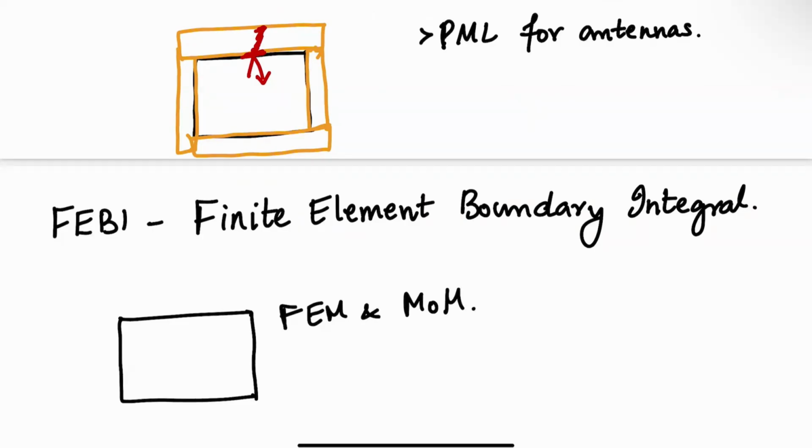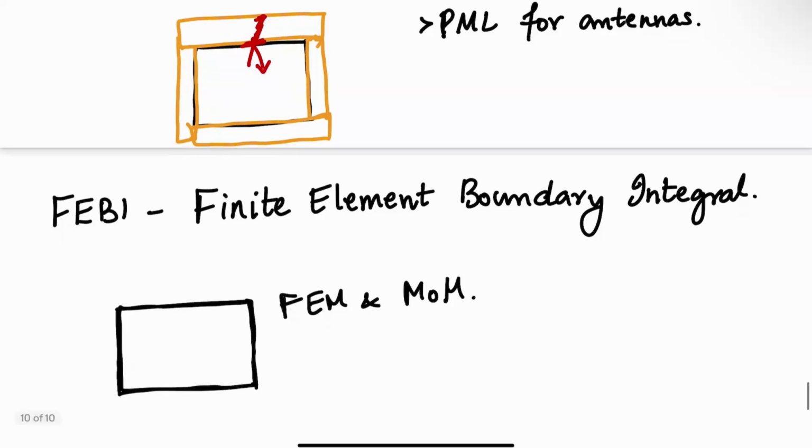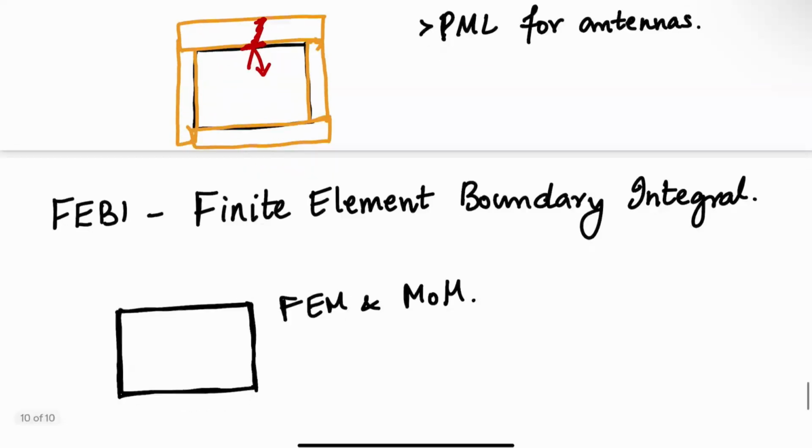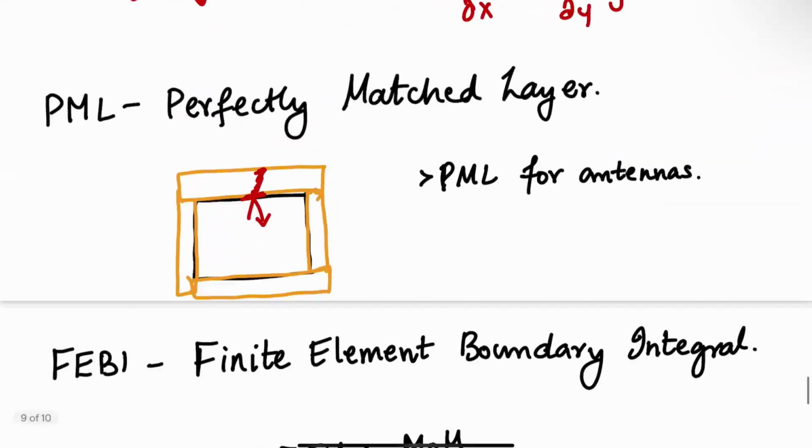That's where the name comes from. So at the boundary, you essentially apply both FEM and MoM and try to find a unique solution that satisfies both conditions. Roughly speaking, that's what it is. So maybe once we discuss method of moments and finite element, which will be later in the class, this will make more sense. Okay, so these are the three basic boundary conditions.